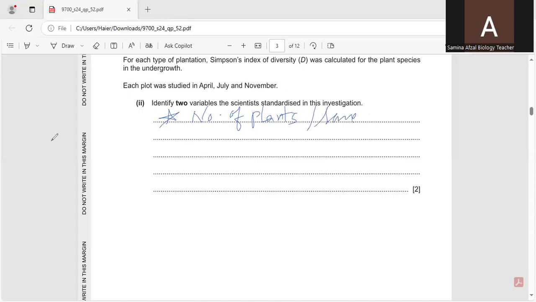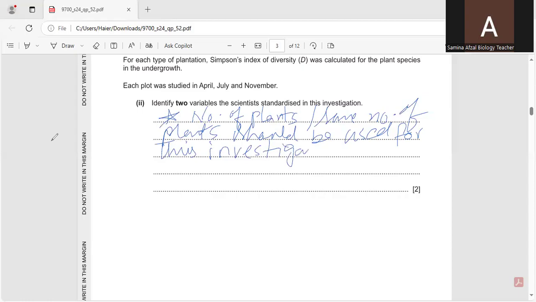or in other words, the same number of plants should be used for this investigation, for all the three species which are used.